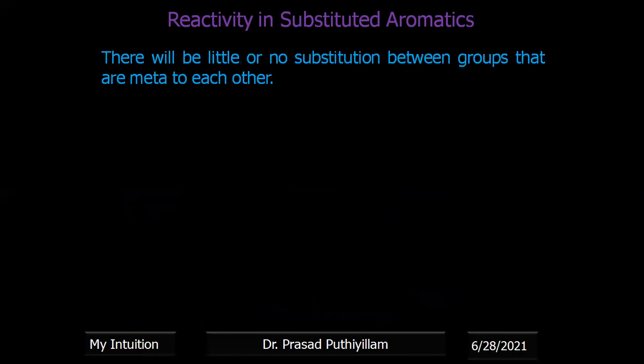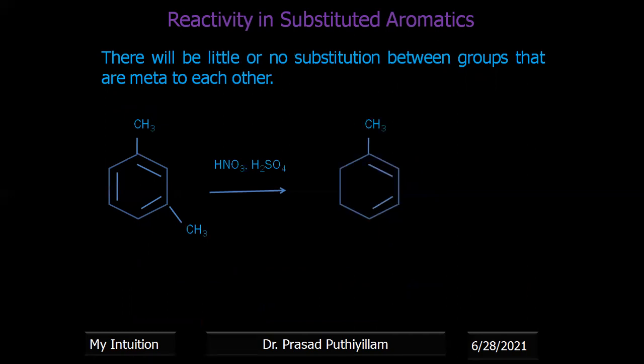There will be little or no substitution between groups that are meta to each other. Take meta-xylene, for nitration. What is the meta position to both?